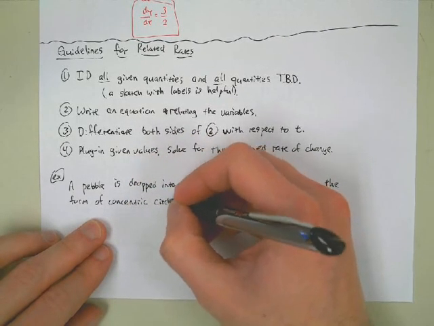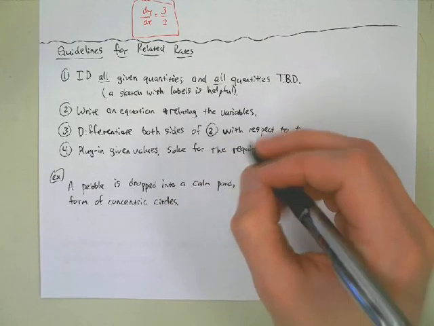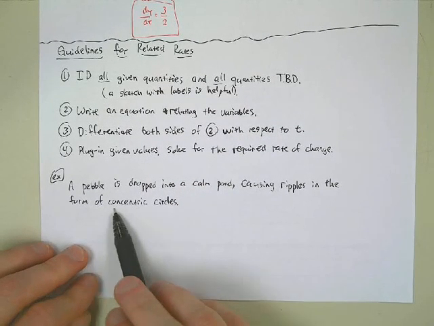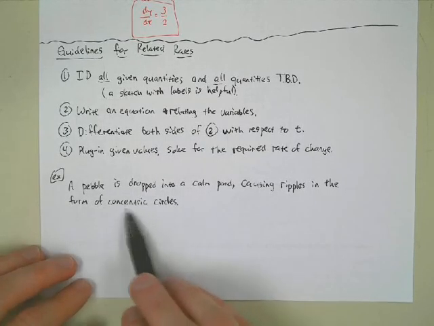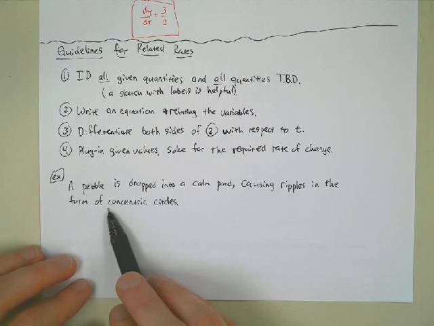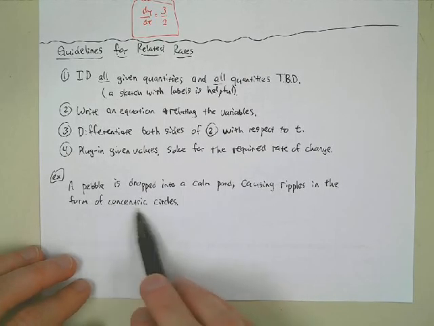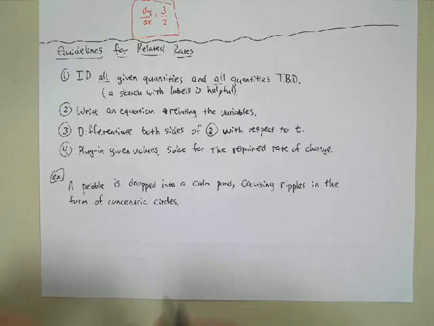The definition is in the word: con means with, and centric, center. So they all have the same center. It's circles within circles within circles. This is what happens when you throw a pebble into a calm pond: you have ripples that all have the same center where you threw that pebble in.